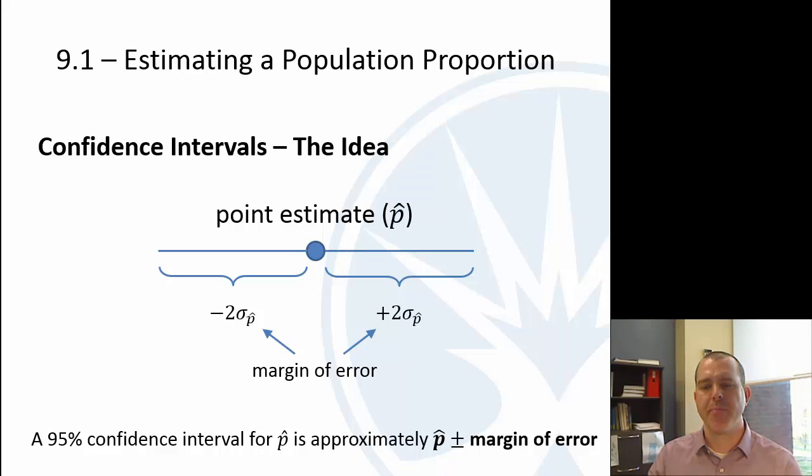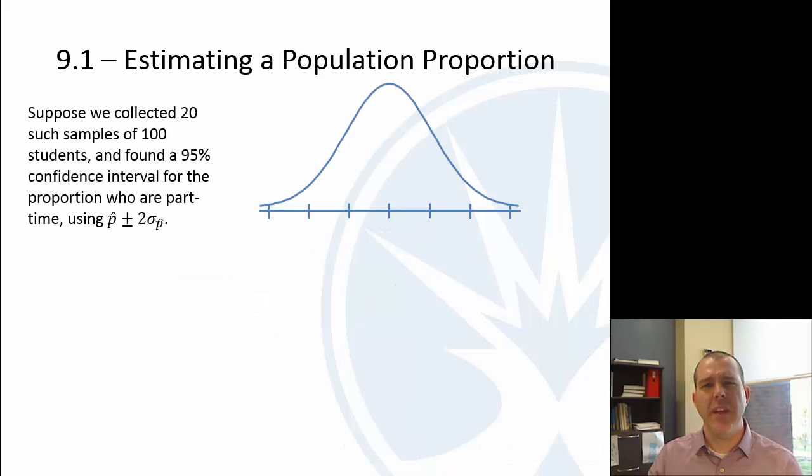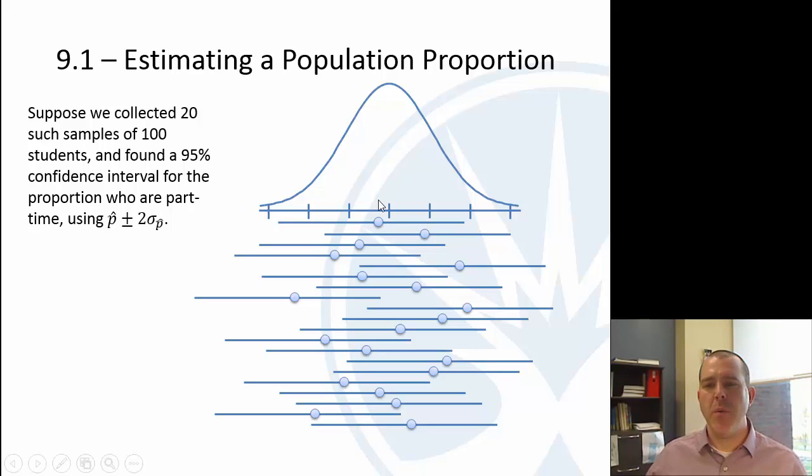So let's say we did this and we took 20 of these samples and we did this plus or minus 2 standard deviations each time. I've just got a visual here. We would expect most of the sample proportions to be in the middle, right? We'd expect 0.693, sometimes a little bit low, sometimes above, but we'd expect most of them to be in the middle. In fact, if you did 20 of them, you'd expect 95% of the sample proportions to be in the middle.